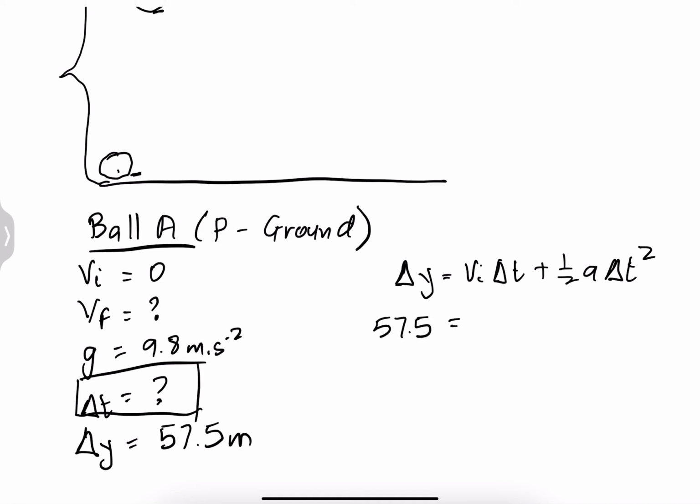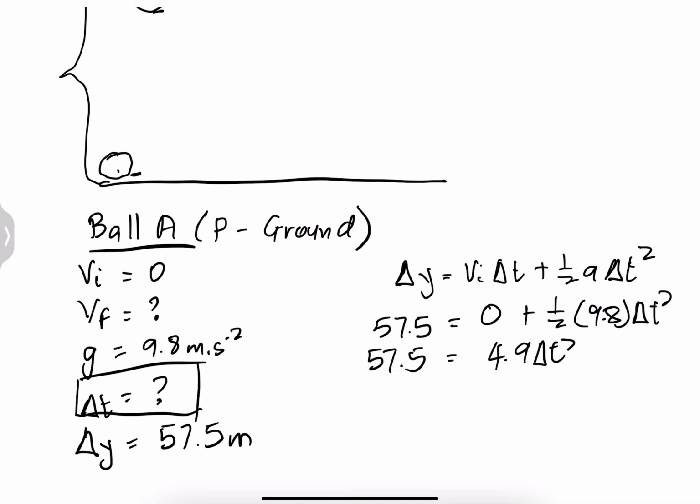So 57.5 is equal to 0 plus 1 over 2 times 9.8 delta t squared. That's 4.9 delta t squared, which is 57.5. I'm dividing by 4.9 on both sides and taking the square root.